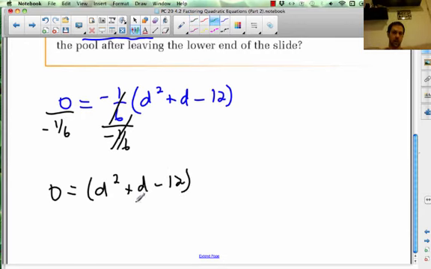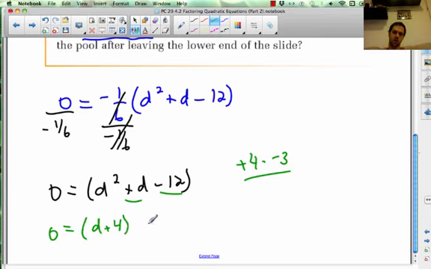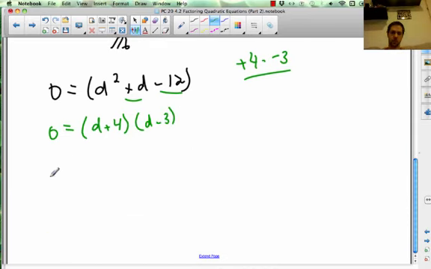We can just look at our sum is plus 1 and our product is minus 12. So we're going to be looking at plus 4 times minus 3. So we get d plus 4 times d minus 3 as our possible solutions here. So d equals minus 4 and d equals 3.